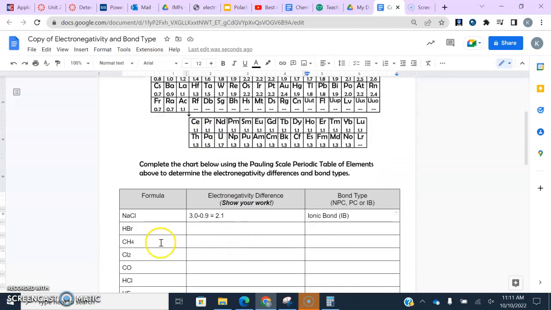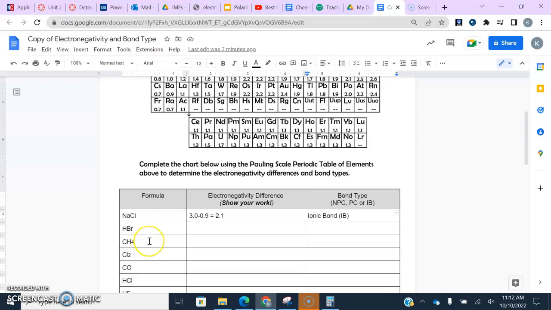The other example I just wanted to do really quickly was for CH4. In sodium chloride, there's only one sodium, one chlorine. Hydrogen bromide, same thing, one hydrogen, one bromine. Here we're running into where we have 4 hydrogens. You don't have to multiply the electronegativities.